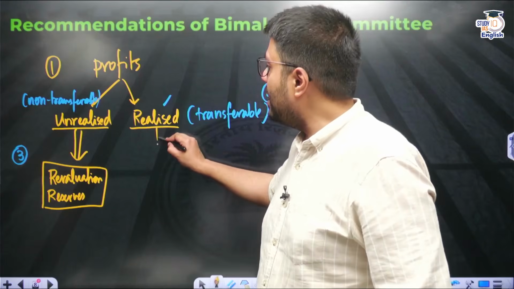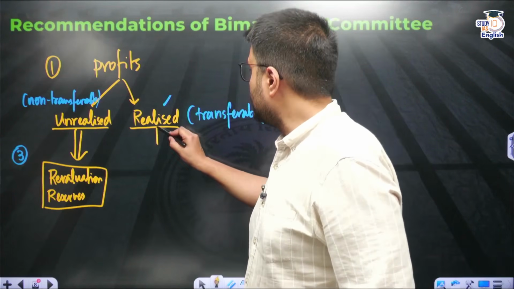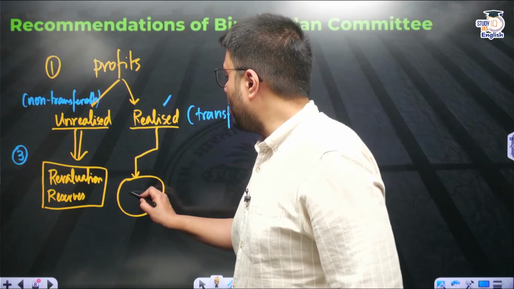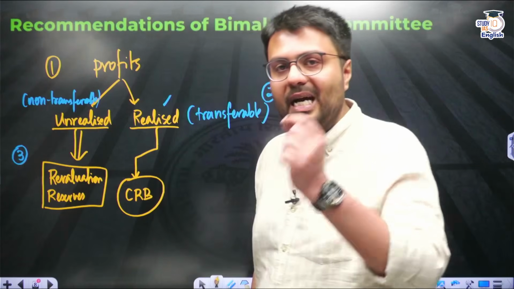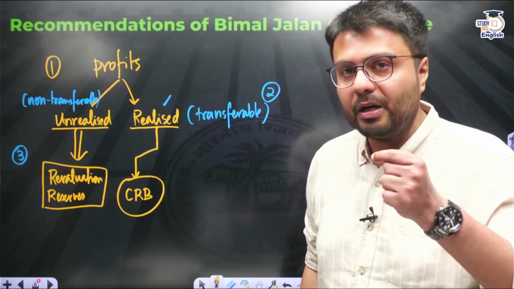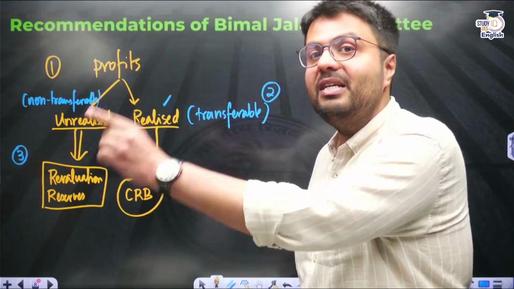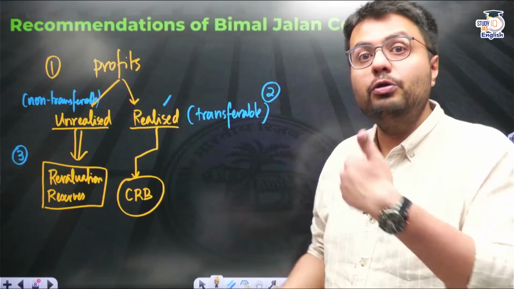Now, what about realized profit? A portion of that realized profit would be used to solidify what is called a contingency risk buffer. As the name suggests, the contingency risk buffer is a buffer or a reserve that RBI maintains to meet its daily contingency. What if the yield of the bonds that RBI holds drops?